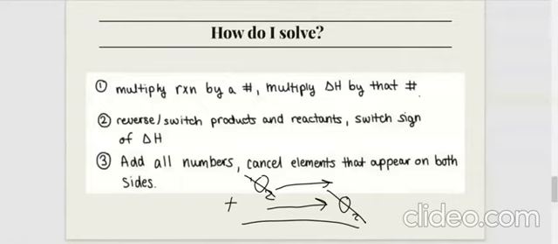For example, if we have 1 mole of oxygen in both reactants and products, then you can basically cancel them and nothing will be left. But let's say if instead of 1 mole we have 2 moles here, then 1 mole of oxygen will cancel only 1 mole of oxygen in the product, so we will have 1 oxygen left in the product.